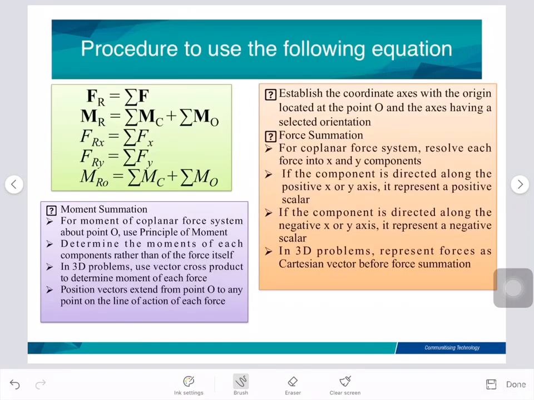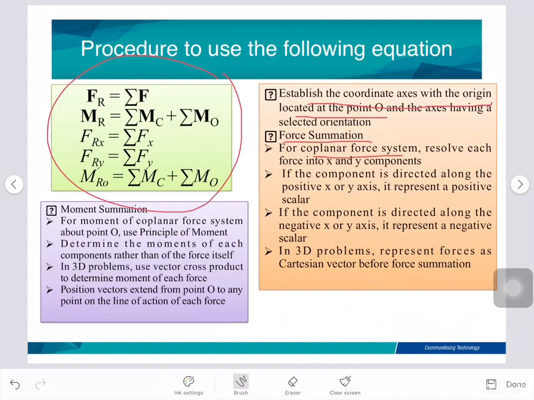Procedure to use the following equations. This is the simplification of a force system. So we have two steps here. Number 1, establish the coordinate axis with the origin located at point O. Number 2, force summation. Force summation first.